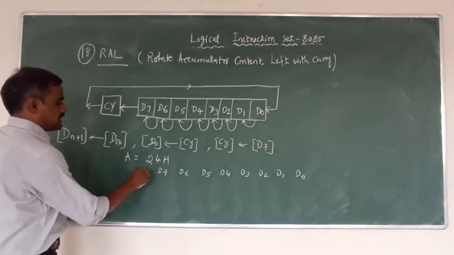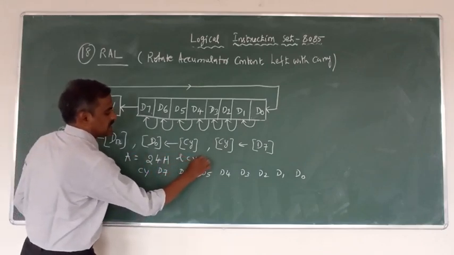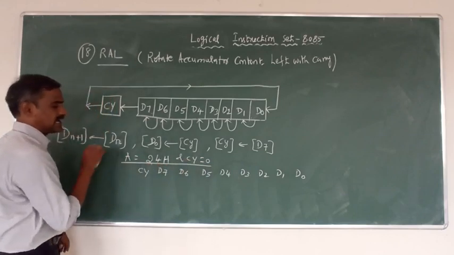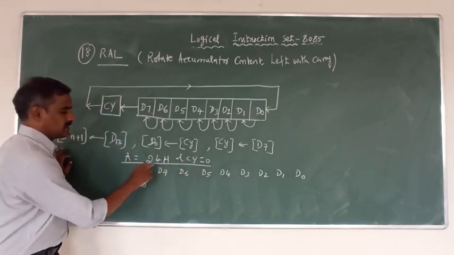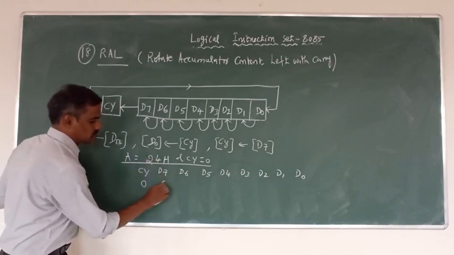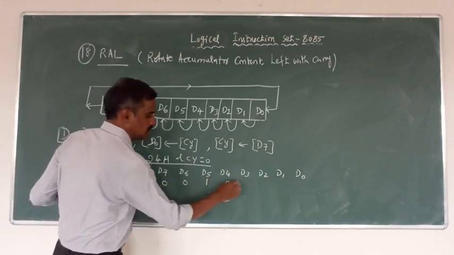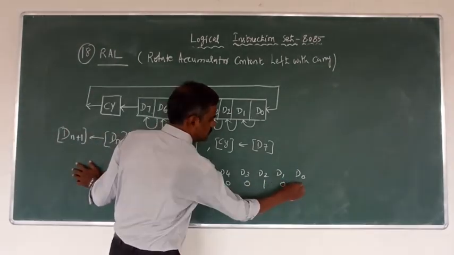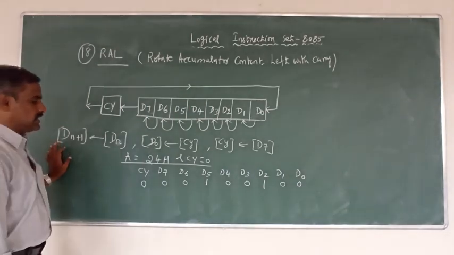Here, initially accumulator is 24 and carry equal to 0. Initially 24 means 0, 0, 1, 0, and 2, 4 is 0, 1, 0, 0. Okay, this is the bit position.